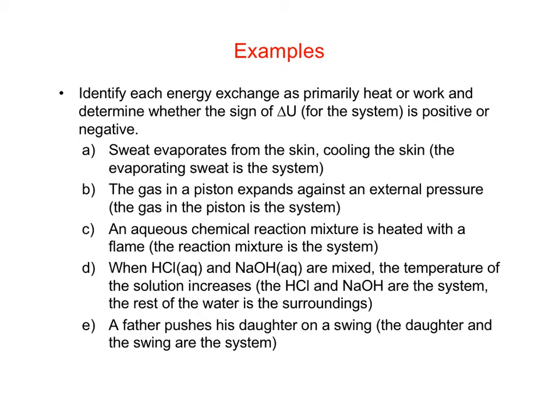In the first example, sweat evaporates from the skin, cooling the skin. And we're told that the evaporating sweat is the system. We're thinking about cooling and temperature changes, so this is primarily going to be heat.